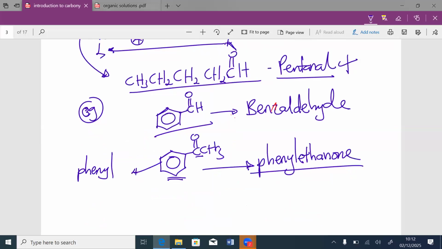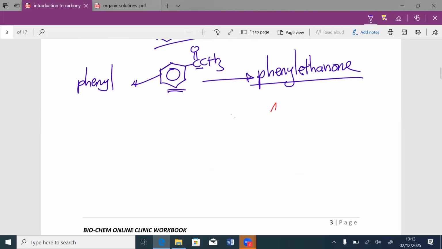Now, some compounds that have the benzene ring bear special names. For example, look at this.